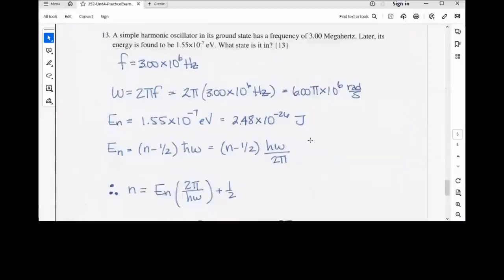Finally, 13. A simple harmonic oscillator in its ground state has a frequency of 3.00 megahertz. Later, its energy is found to be 1.55 times 10 to the negative 7 electron volts. What state is it in? So just to be clear, we're looking for the state that it's in when the energy correlates to the value that was given.